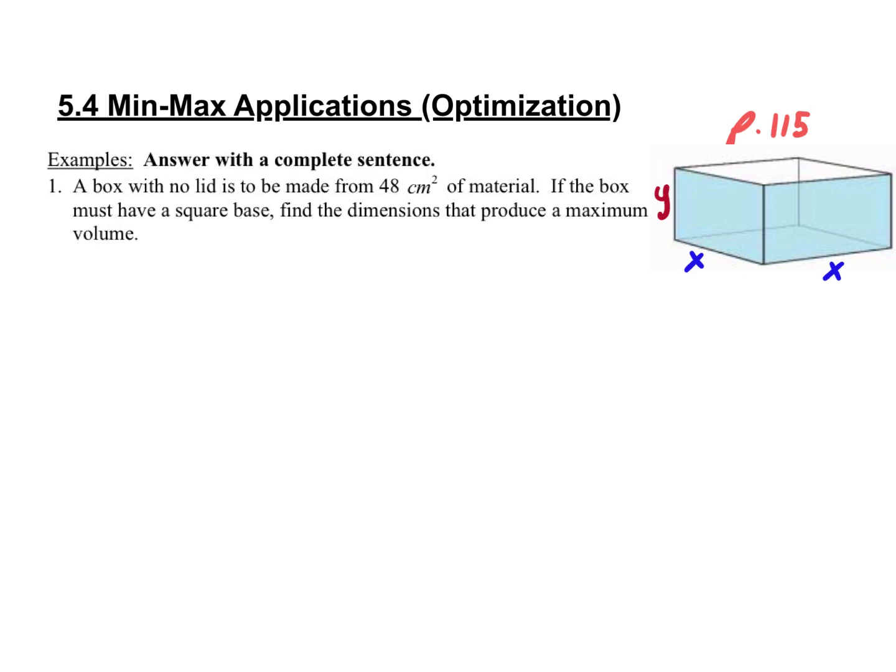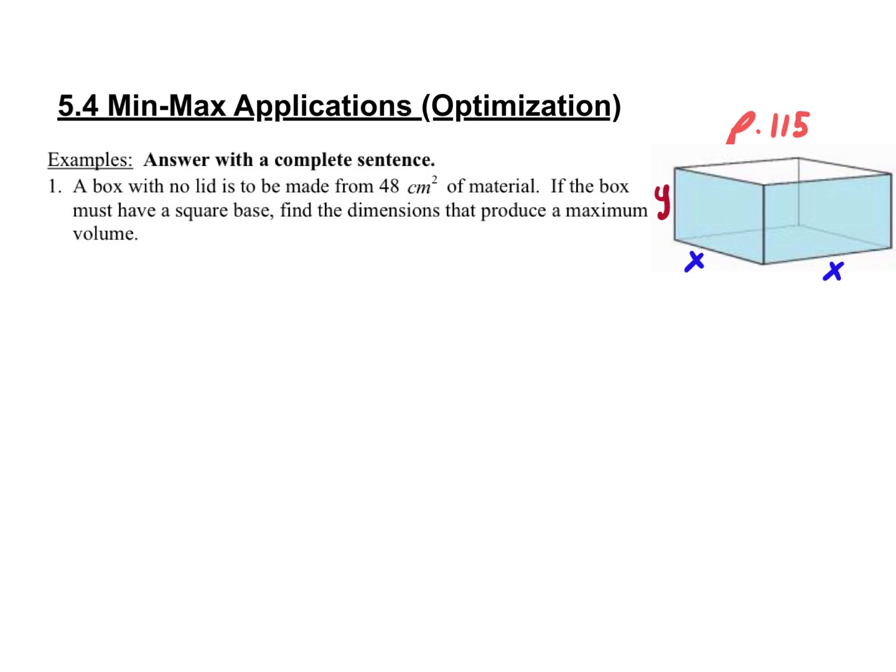So we have two pieces of information in this problem. One, of course, we're trying to maximize the volume, so we're going to have a volume equation. And two, we're going to have a surface area equation, or an area equation that involves this 48 square centimeters. And then eventually we're going to put it together. So let's start with the volume. The volume's easy enough. Okay. How do you find the volume of any prism?